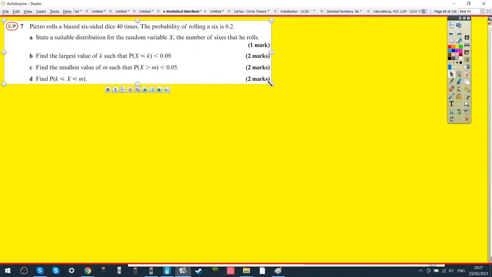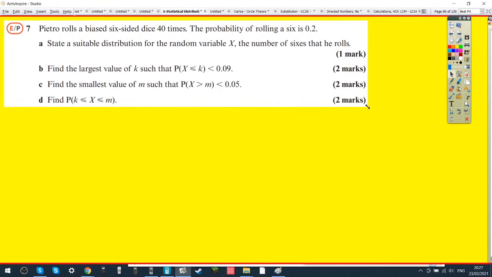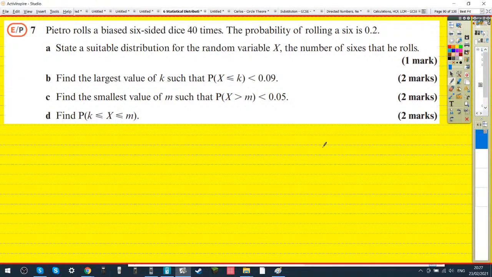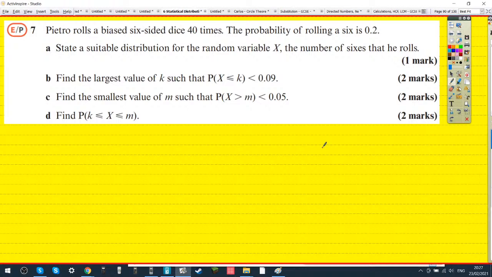Let's see this thing. Statistical distribution. Let's try part C. So this time we will be guessing the lower.